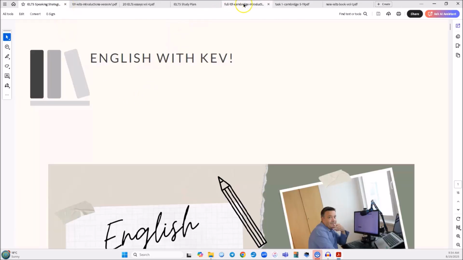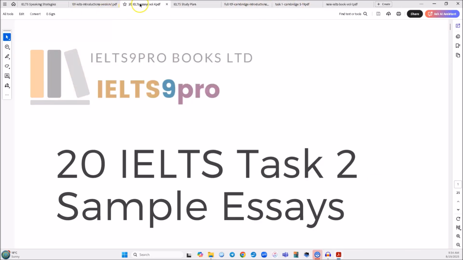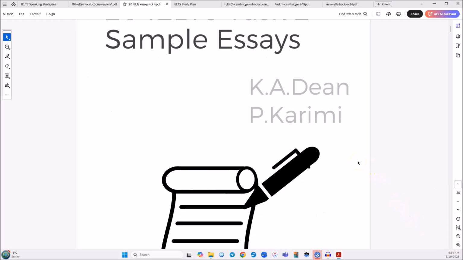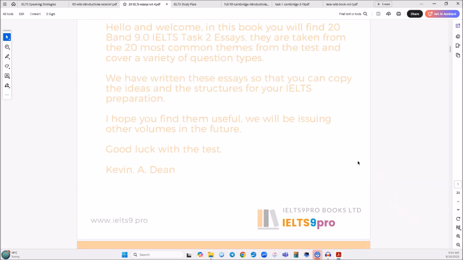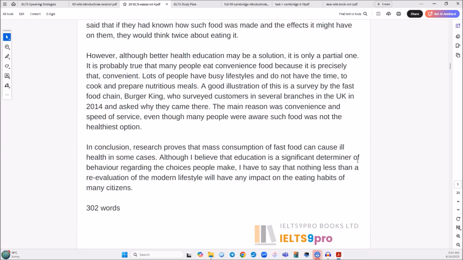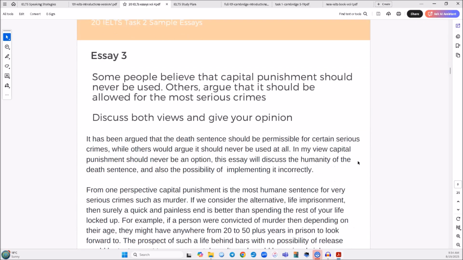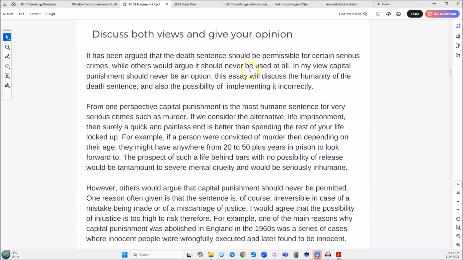Okay, so volume 4, so you've got 4 volumes of sample essays, 80 essays in total, all written to that sentence by sentence approach. You can see there, different essays, opinion essay, what's that next one, discuss both views. Anyway, so you've got 4 volumes of 20 essays each.